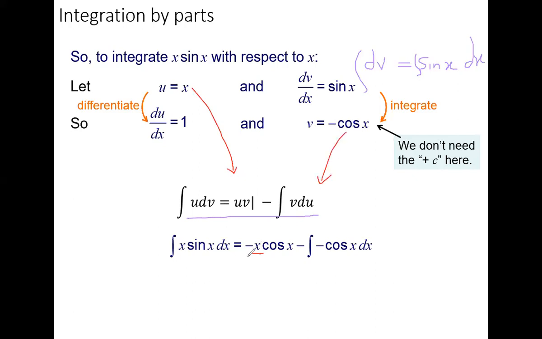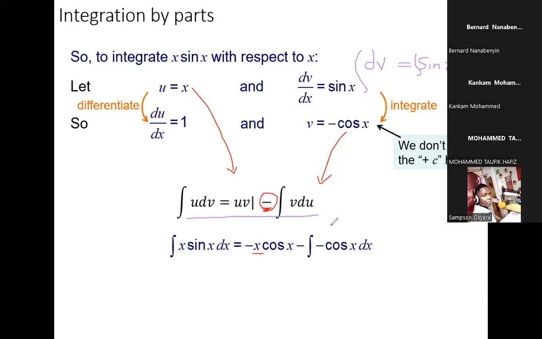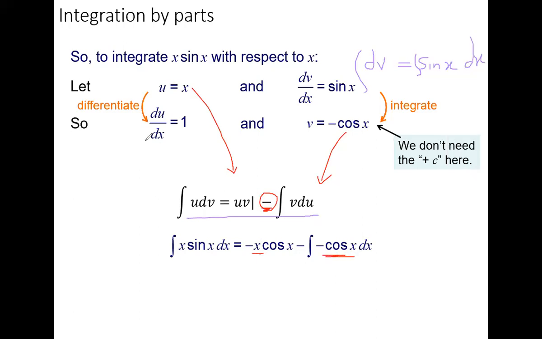So it will be negative x cos x minus, per the rule, there is a minus here. You can see it. So minus the integral of v, which is negative cos. And then the du, look at it carefully here.